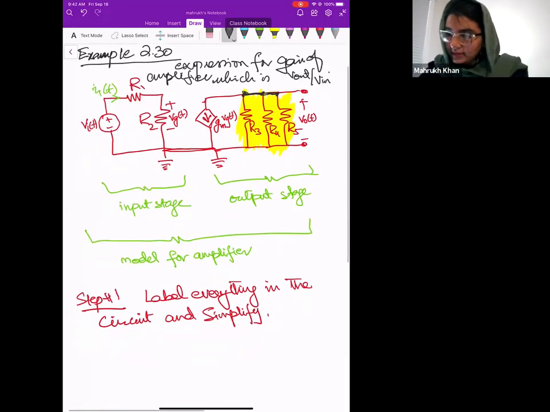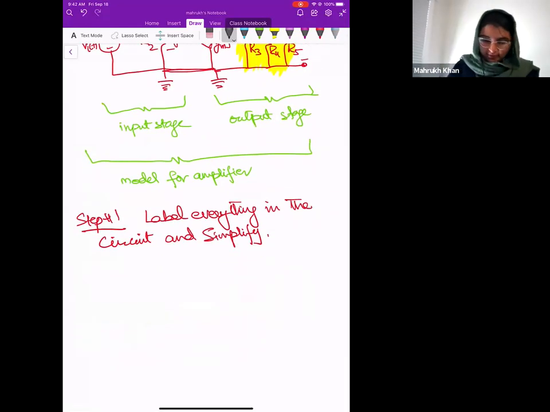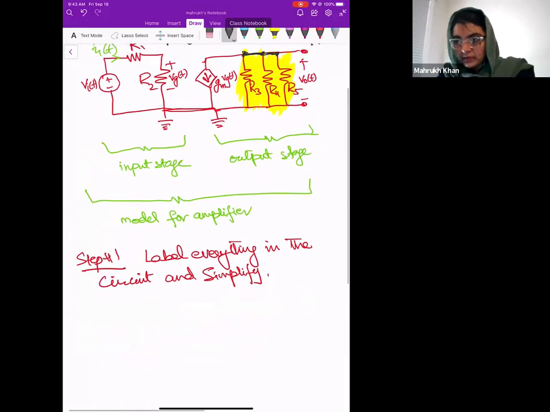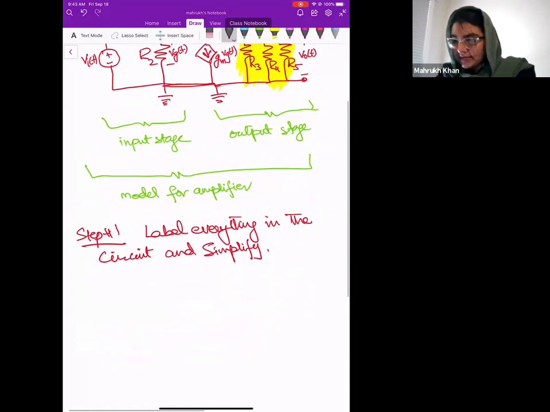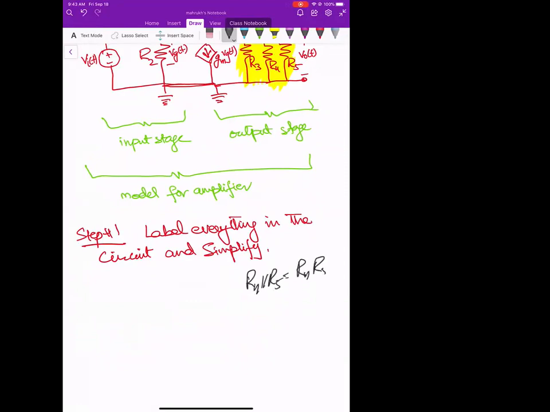So that's why we will just try to simplify the scenario by finding the parallel resistance. Another important thing is that if you have 2 resistors in parallel, you can write this. So if R4 is parallel to R5, you can just write this.